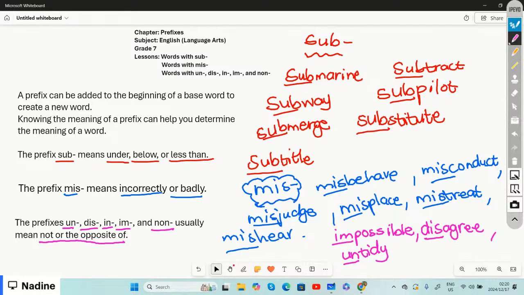Like everything is all over the show. Then we also have discomfort, meaning that I'm feeling some pain. Sometimes it can be pain, it can be the fact that you're not comfortable. You're just feeling some form of discomfort.